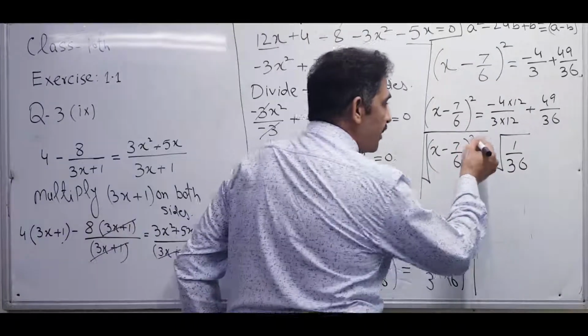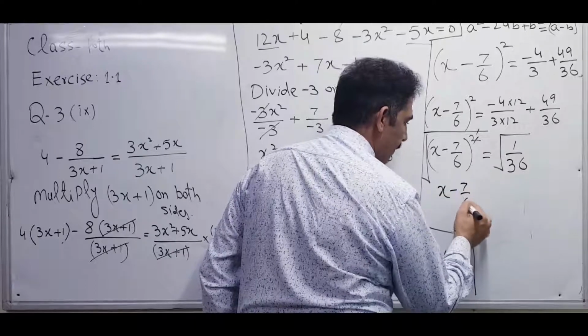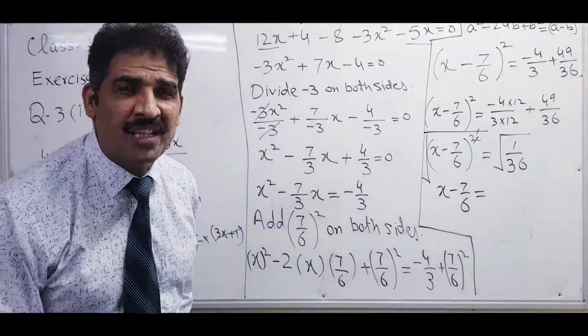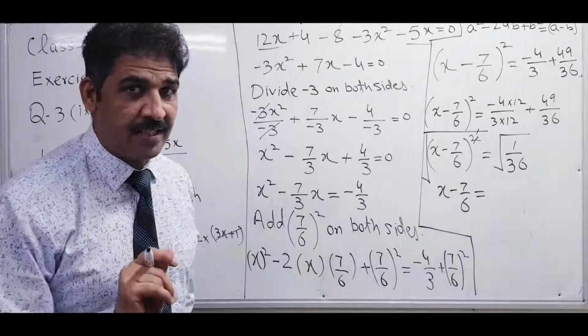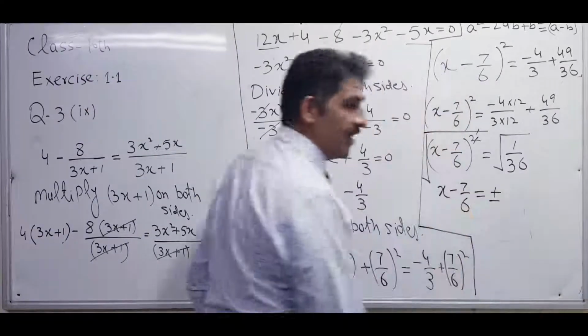Here the square cancels by the square root. Here what changes? First of all, when we remove the square root sign, we have to apply the plus minus sign.